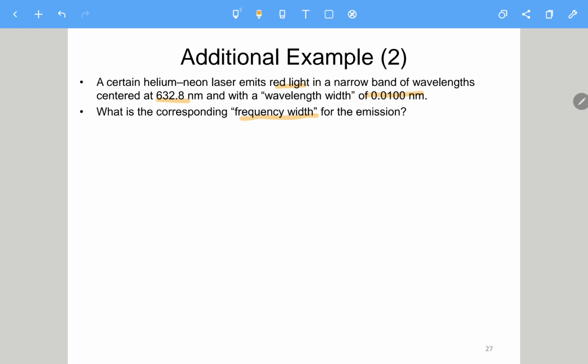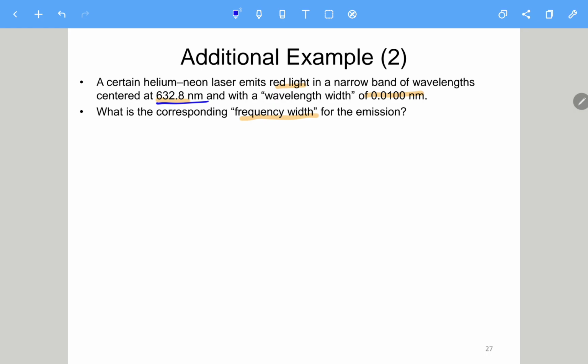Actually, this is somehow related to quantum mechanics, the Heisenberg uncertainty principle. The idea here is that when you talk about an EM wave, you give it a specific frequency or specific angular frequency, omega.